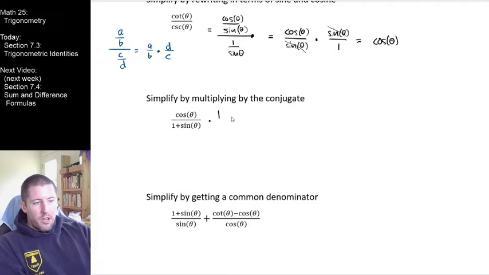The conjugate is where you have the exact same two terms, 1 and sine, but we swap the positive for a negative, or if that was a negative, I would swap for the positive. All right, so let me define this over here.